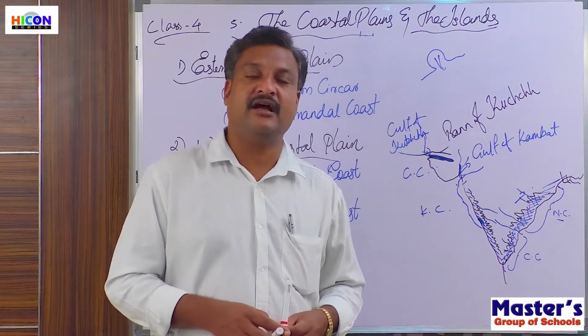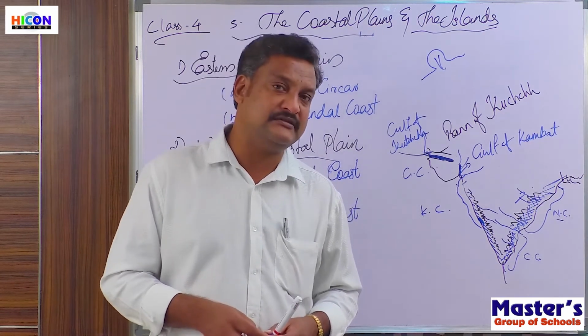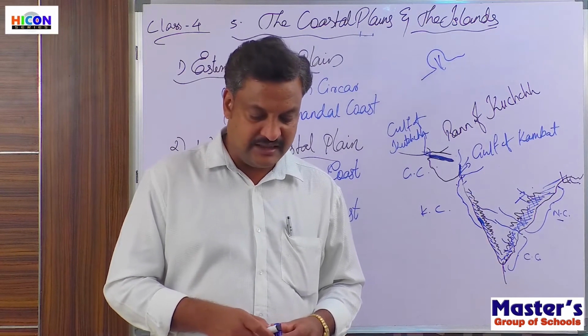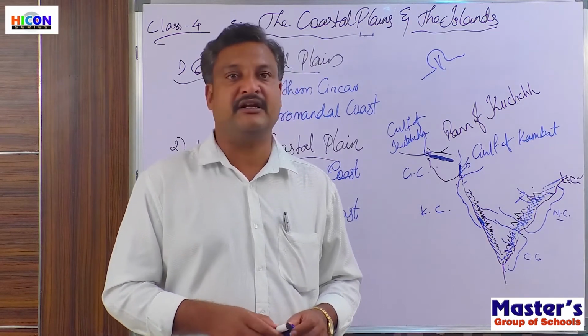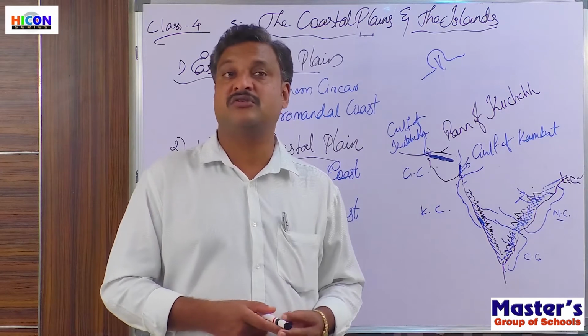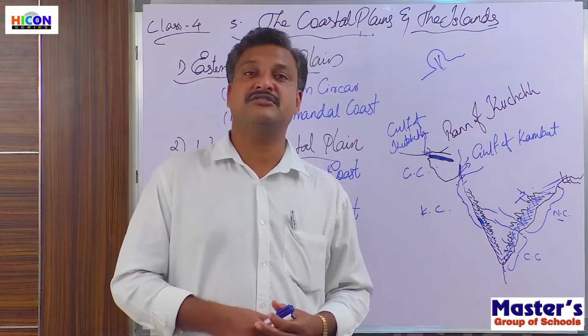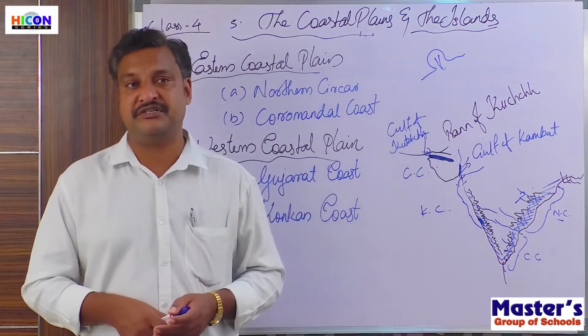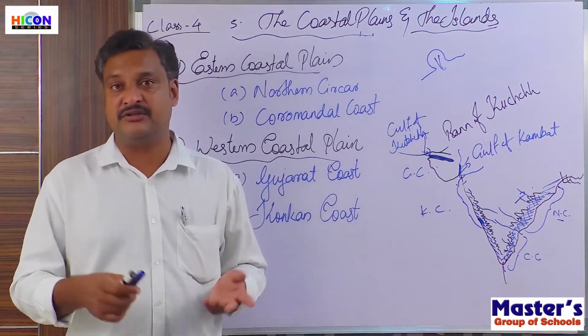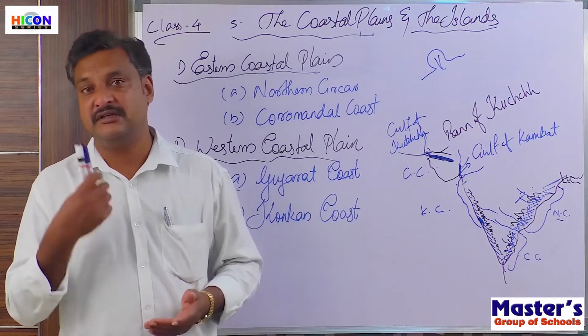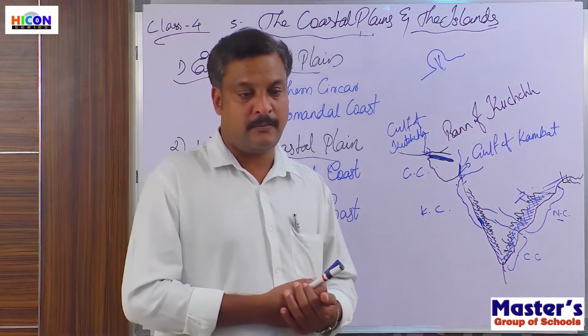So the ships that come into the region will understand, okay, there are huge rocks over there, we need to be careful. Because of the presence of huge rocks on the coastal region, they used to erect huge towers known as lighthouses.